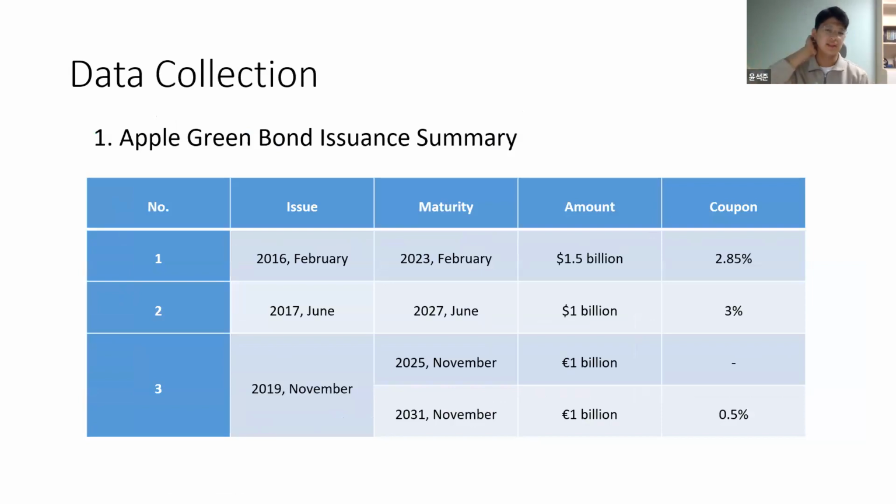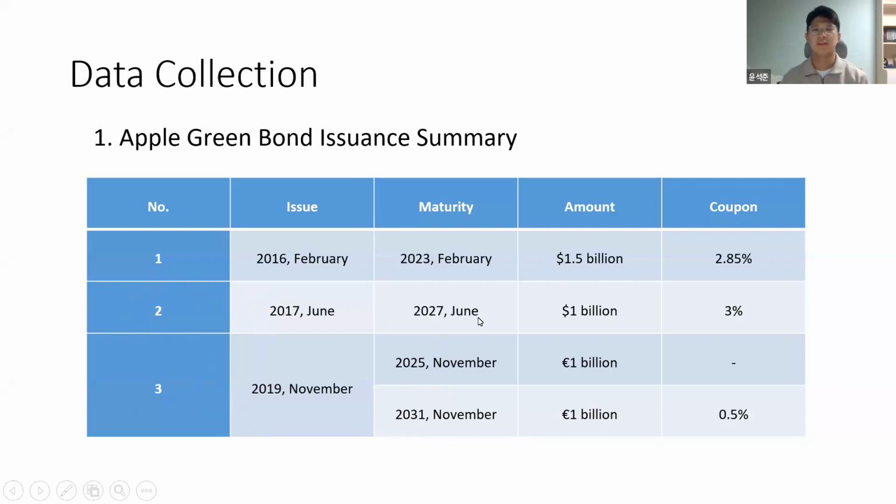If you look at this summary of Apple's green bond issuance, the previous literature review analyzed the first green bond, which matured in February 2023. Apple then issued two more green bonds maturing in 2027 and 2031, which are currently traded in the bond market.